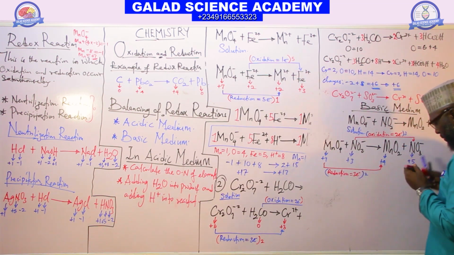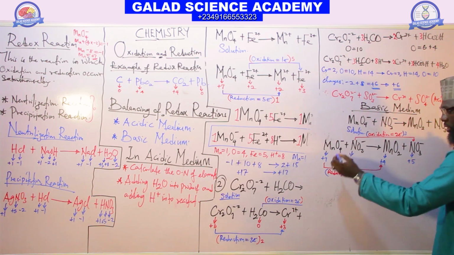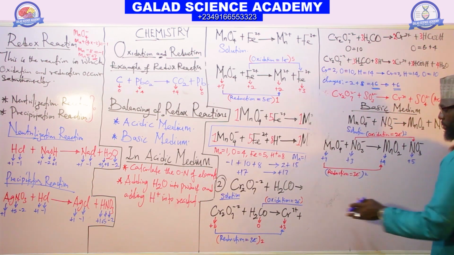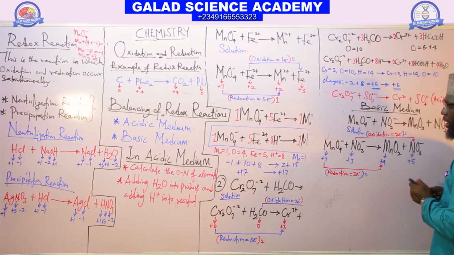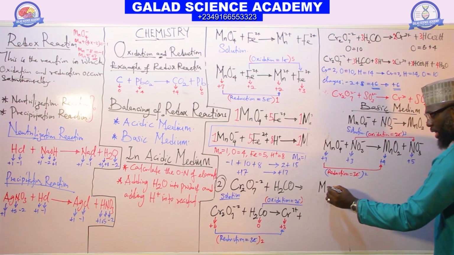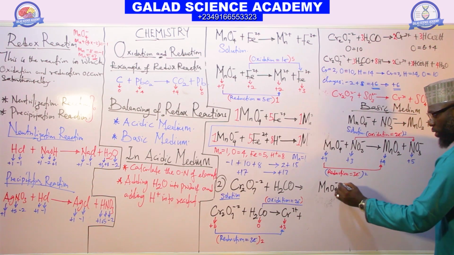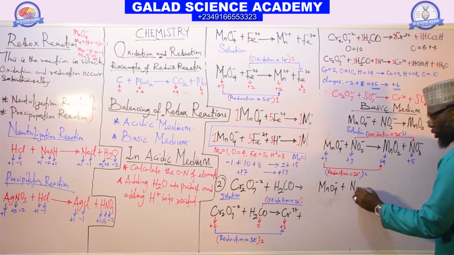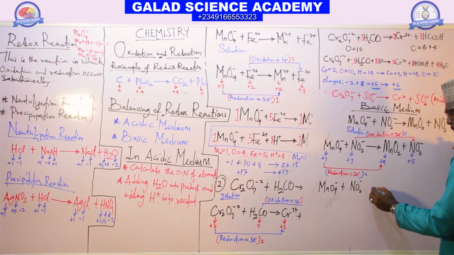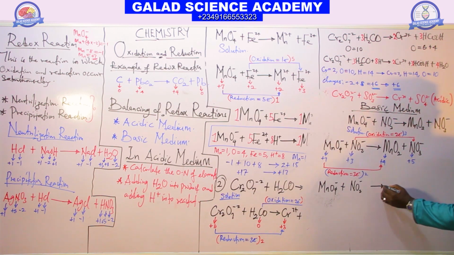By doing that, what am I going to have now? In the next equation, I'm going to have MnO4 minus plus NO2 minus gives MnO2 plus NO3 minus.